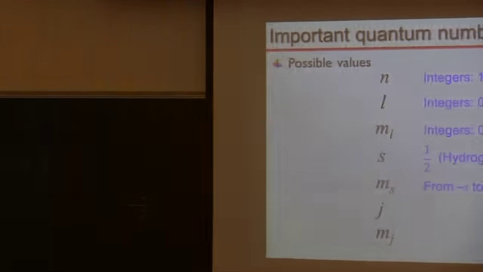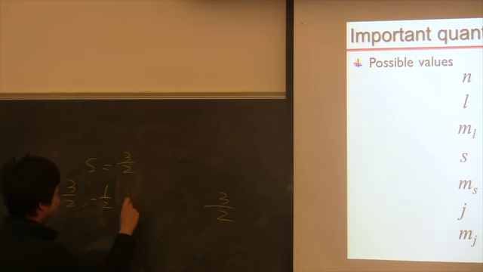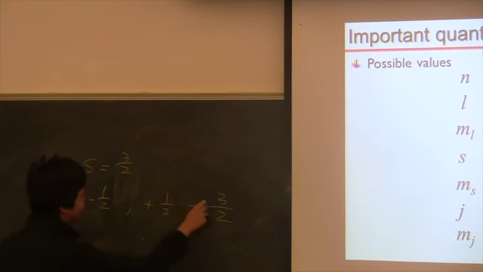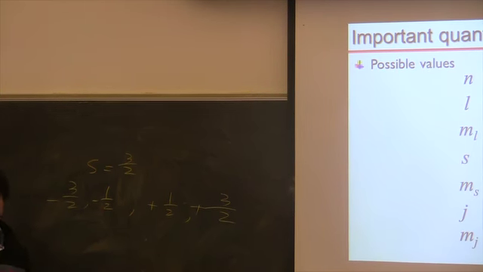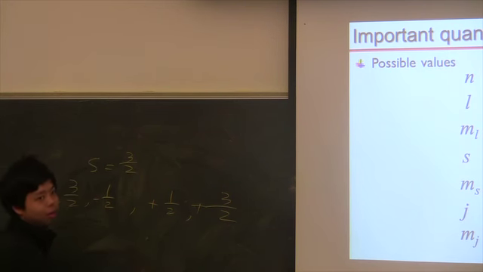So negative 3/2, plus 1 equals negative 1/2, plus 1 is positive 1/2, plus 1 is positive 3/2. So those are the four MS values for S equals 3/2.